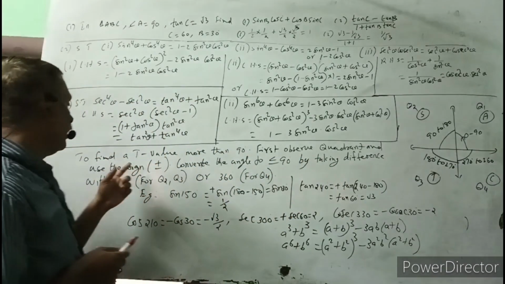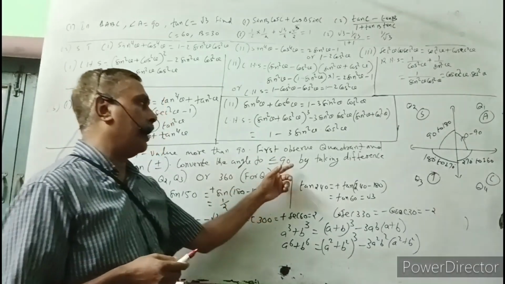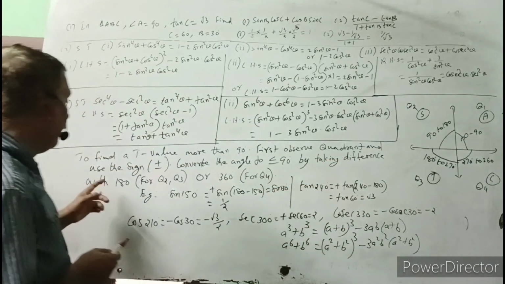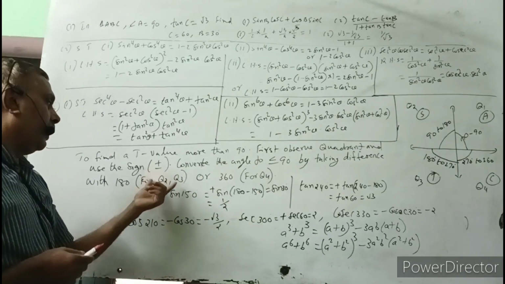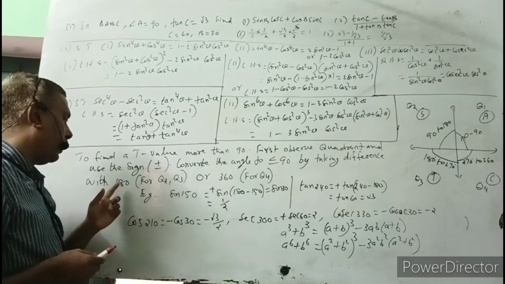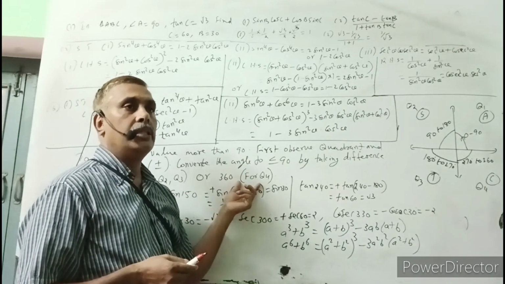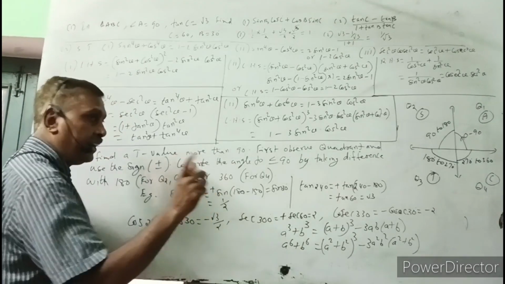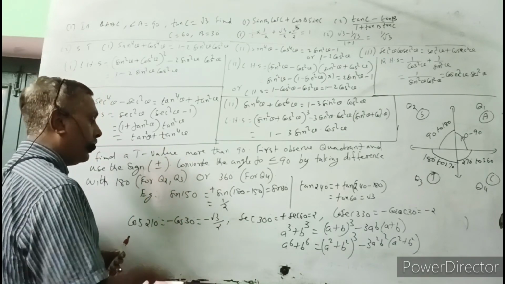So use the sign plus or minus, and convert the angle to less than or equal to 90 degrees by taking the difference with 180 degrees or 360 degrees. For quadrants number 2 and 3 you take the 180 degree difference, and for quadrant number 4 you use the 360 degree difference. Difference means only positive: larger number minus smaller number.